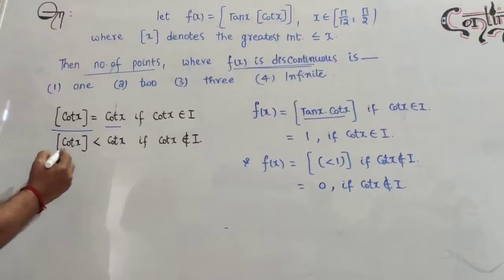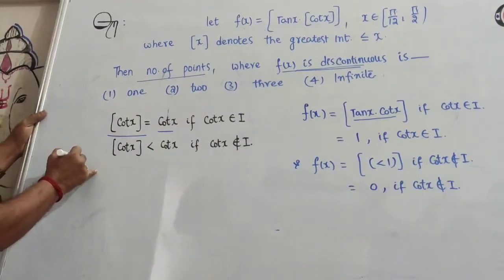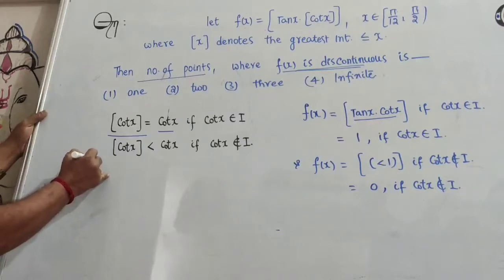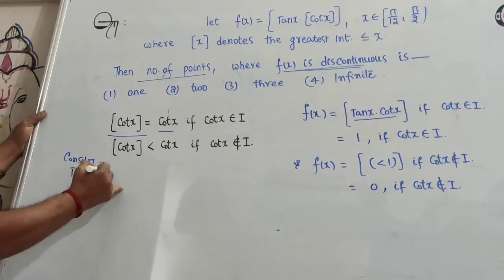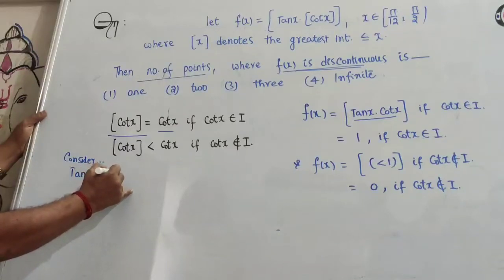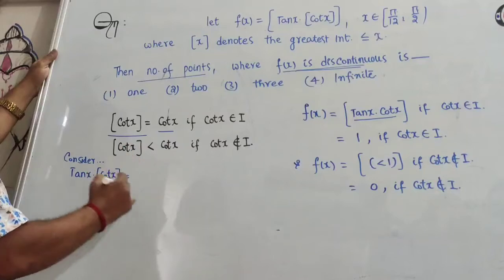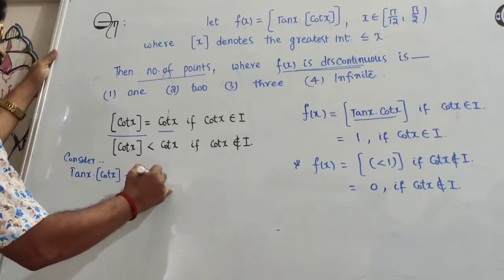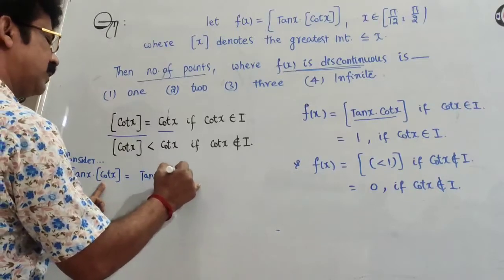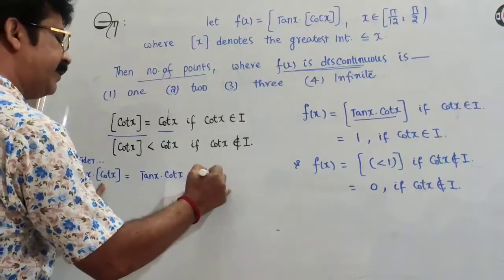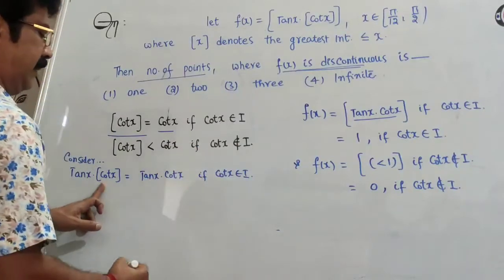I will give the complete explanation. Tan x into floor of cot x is equal to tan x into cot x if cot x is an integer.